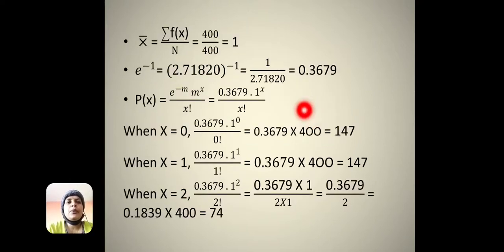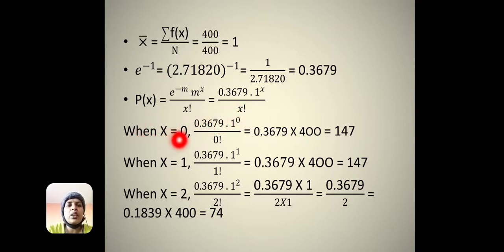Sigma f of x divided by n, that is the mean, is 400 by 400, equal to 1. E power minus 1 is 1 by 2.7182, so it is 0.3679.